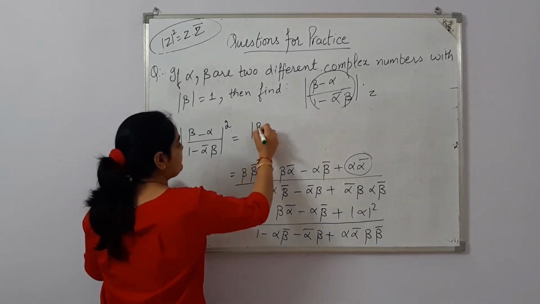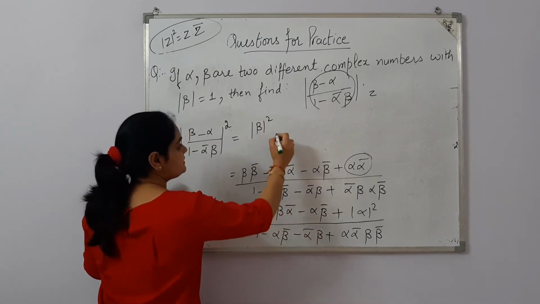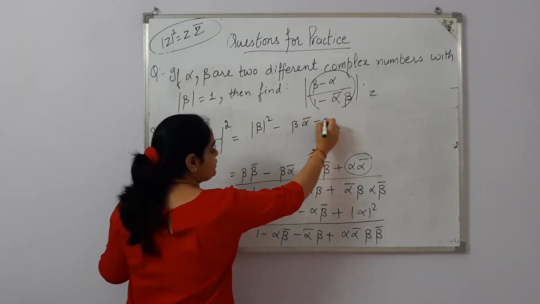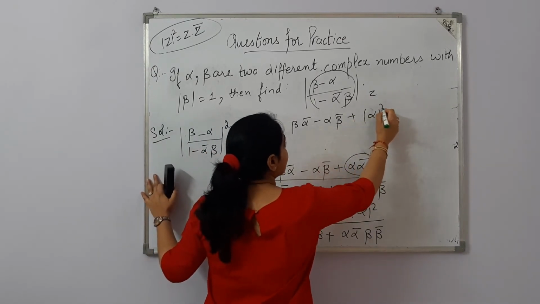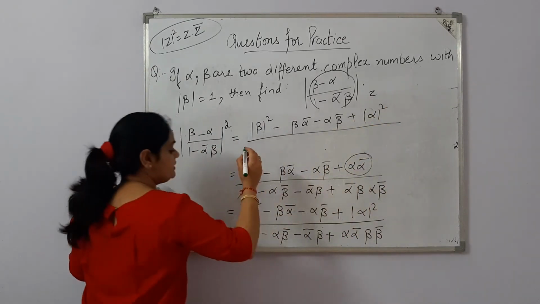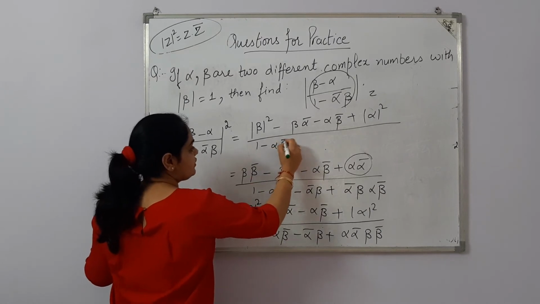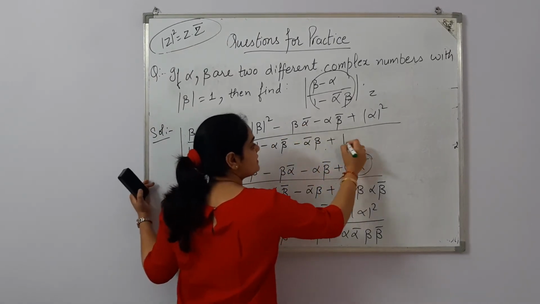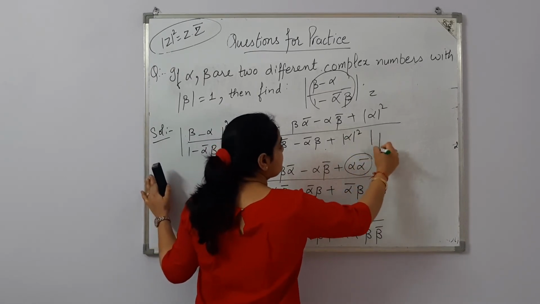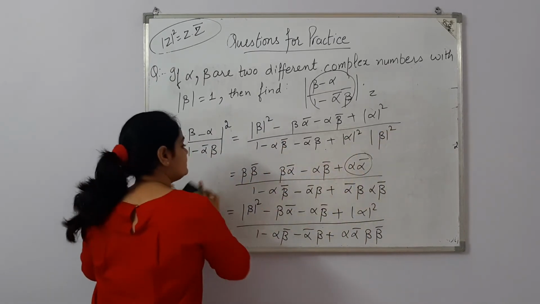So beta modulus square, and we'll write the numerator as it is: minus beta alpha conjugate minus alpha beta conjugate plus alpha's modulus square, whole upon 1 minus alpha beta conjugate minus alpha conjugate beta plus alpha modulus square, beta modulus square.